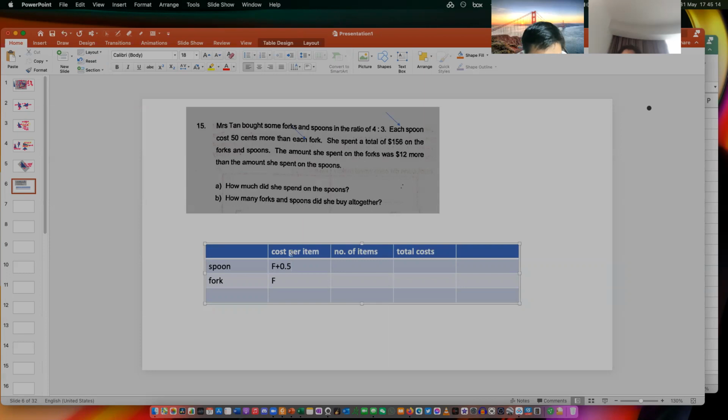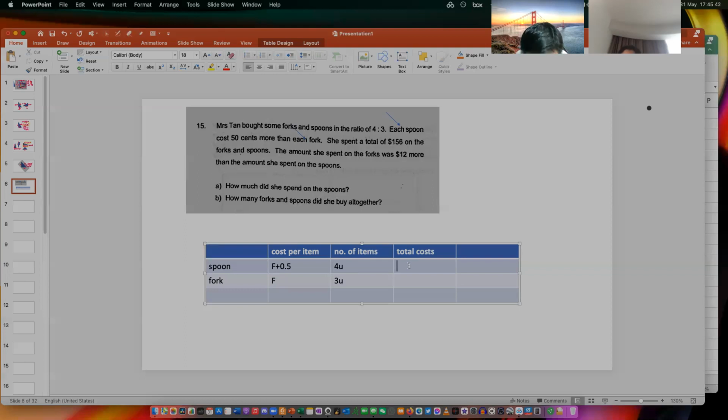So over here it says Mrs. Tan bought some forks and spoons in the ratio. So that means this tells me what? This is 4U and this is 3U. With the cost per item column filled up and the number of items column filled up, you get to find the total cost column.